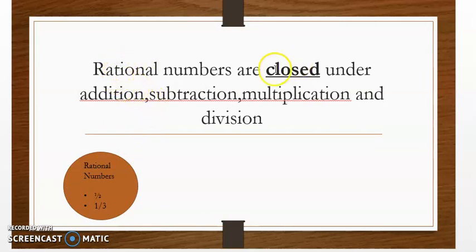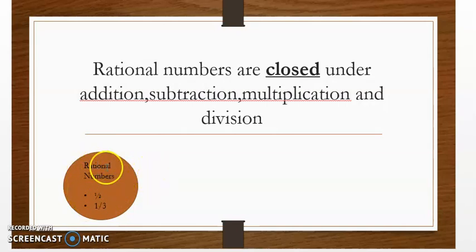So we say rational numbers are closed under addition, subtraction, multiplication and division. Why do we say it is closed? Suppose this is a bag of rational numbers, and from this I am picking up two rational numbers, 1 by 2 and 1 by 3. If I add them, subtract them or multiply them, the answer does not go out of this bag. It is not an irrational number.